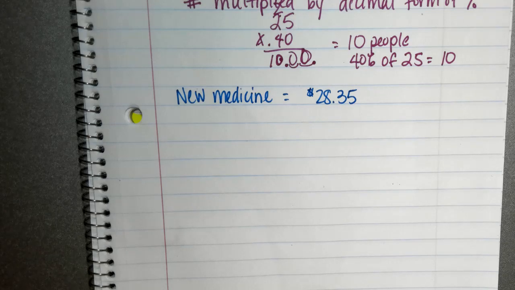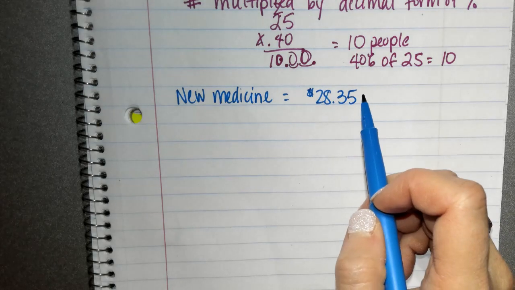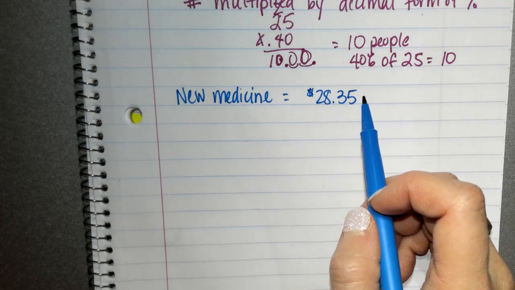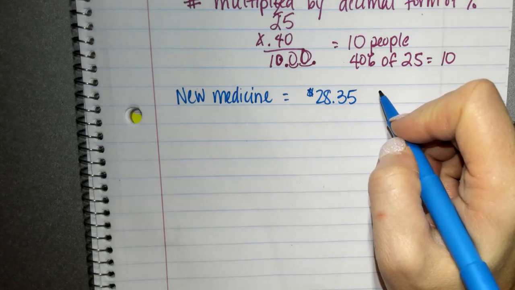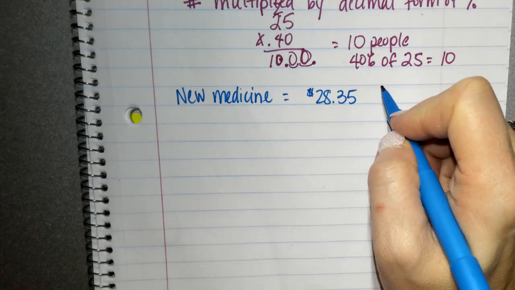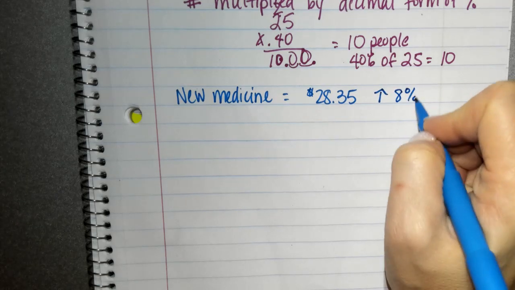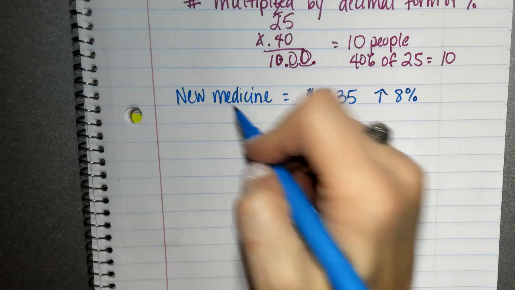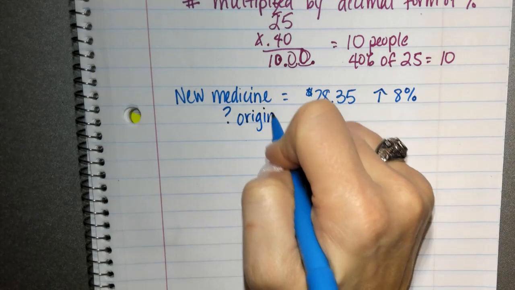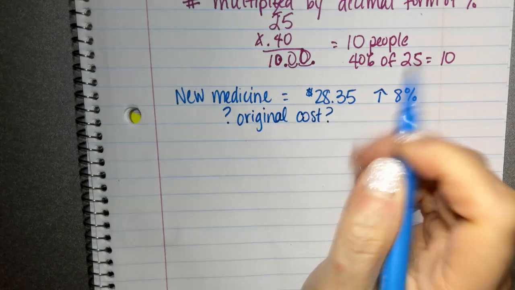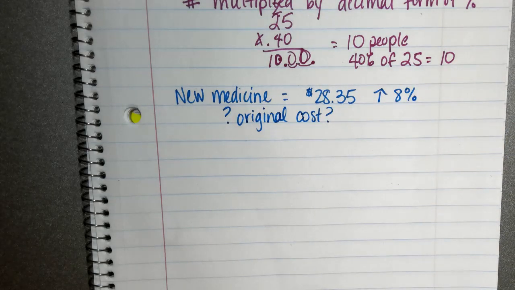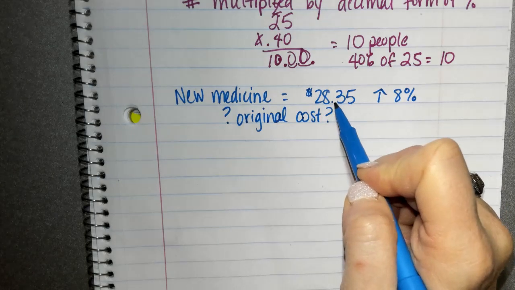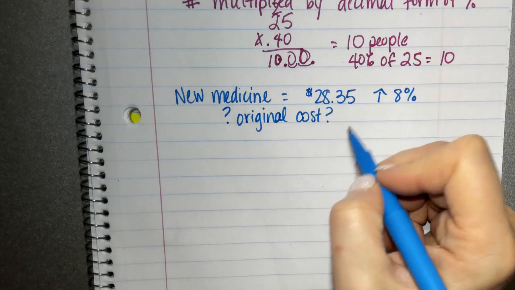Okay? And that we just found out is an increase, like it increased by 8%. Could we find out what the original cost was before the increase? We would just need to take this and mark it down 8%.